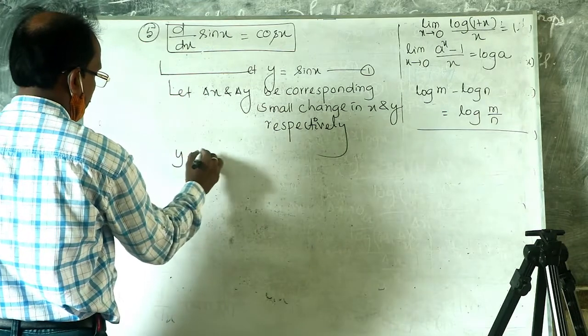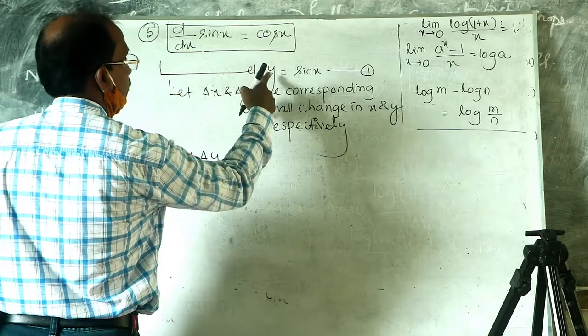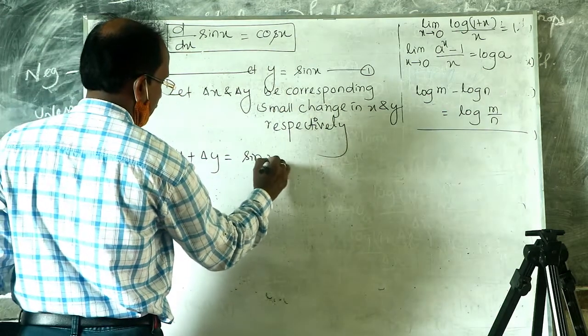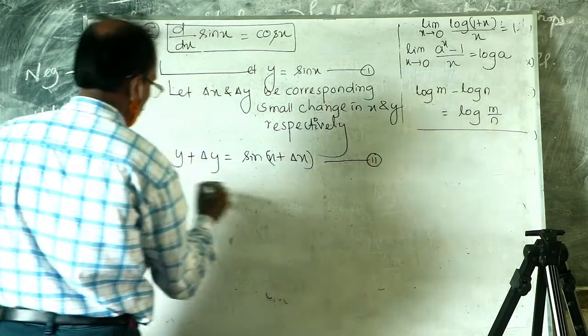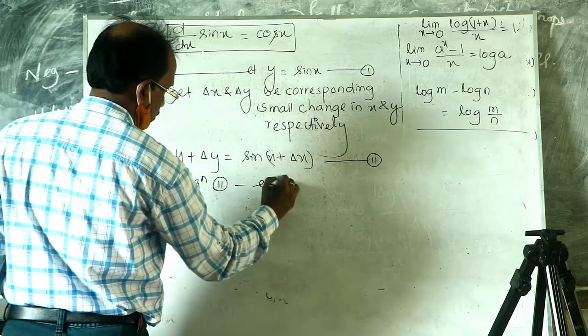Then y changed by y plus delta y is equal to sin x plus delta x. This is equation 2. This implies equation 2 minus equation 1.